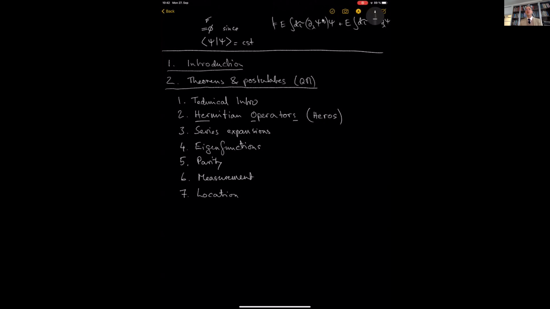Measurements, of course, this is what connects us to experiment, and experiments are crucial for any theory, right? I would even argue, if as a theoretician you do not compare to experiment, it's a very problematic sign, right?